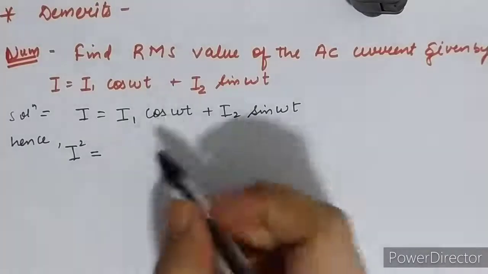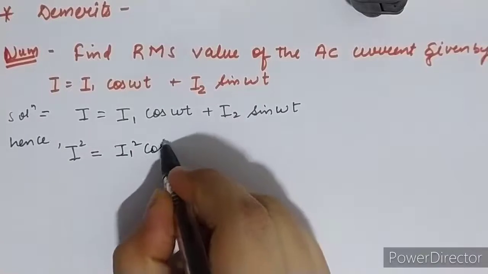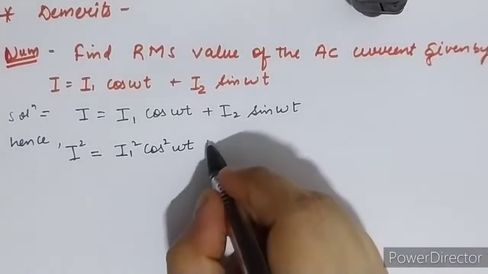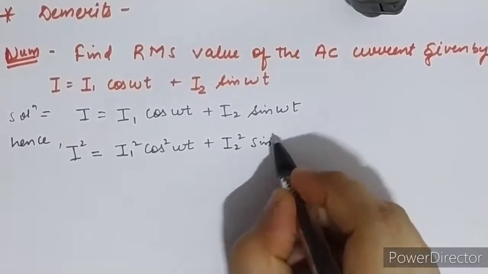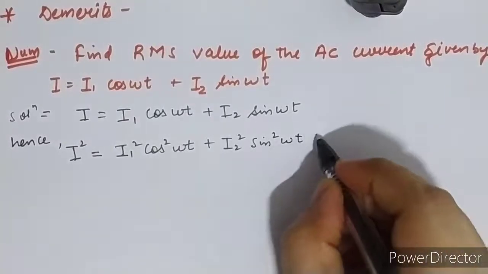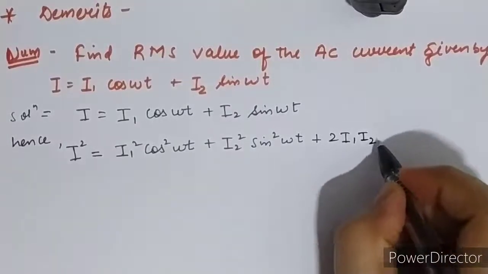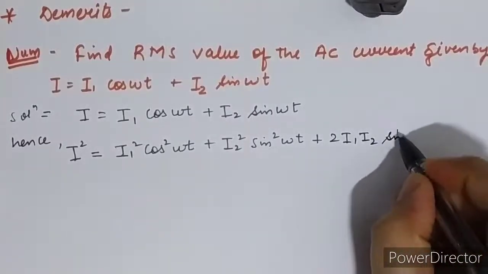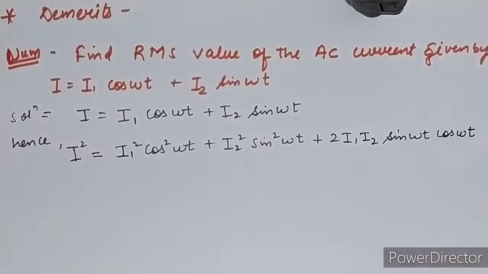So a square means I1 square cos square omega t, plus I2 square sin square omega t, plus 2ab, that is 2 I1 I2 sin omega t cos omega t. This is the first square term.